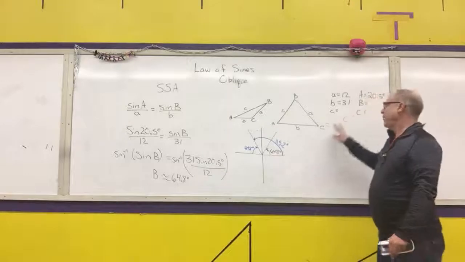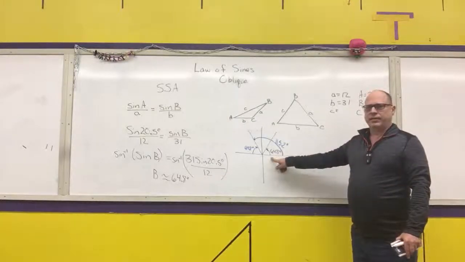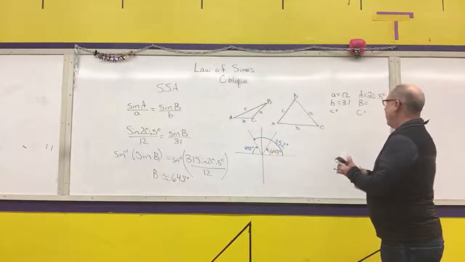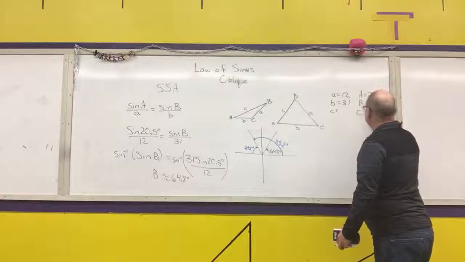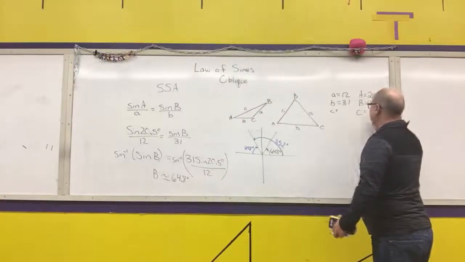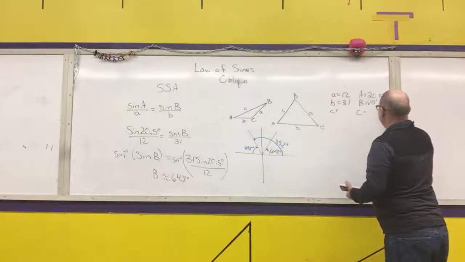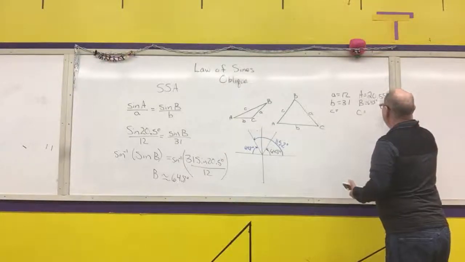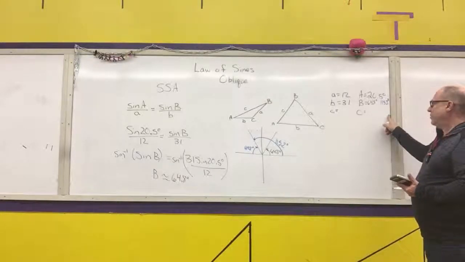So when it comes time for me to solve for the third angle of the triangle, I have to take both of these into account. So I'm going to write 64.8 degrees as a possibility. Then I'm also going to write 115.2 degrees as a possibility. And then what I'm going to do is figure out the measurement of the third angle of the triangle.